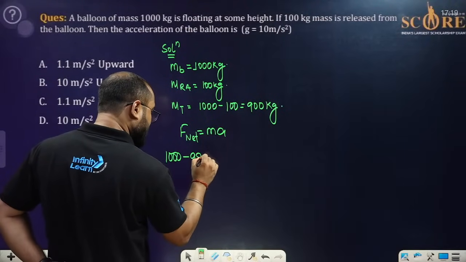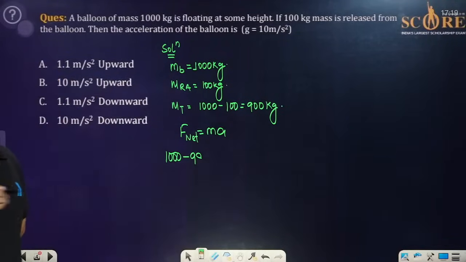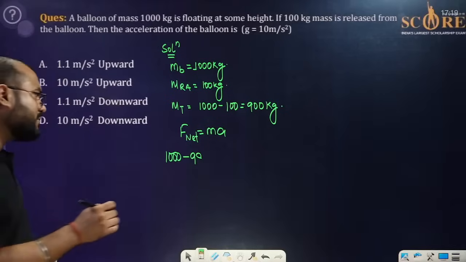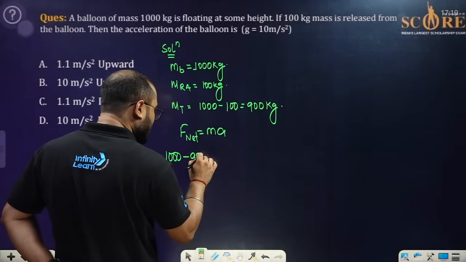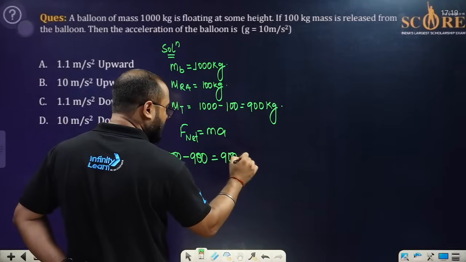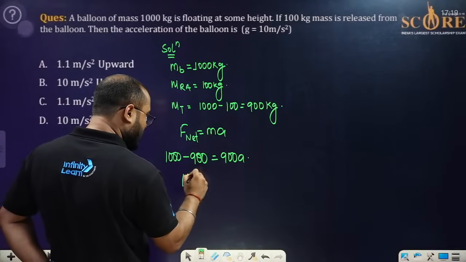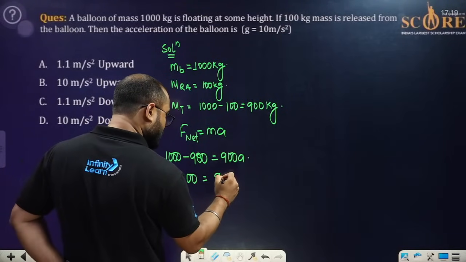What will be the mg then? Mass is 100. It will be 900, right? It will be equal to mass, that is 900 again, times acceleration. Okay, so here we can find it out.